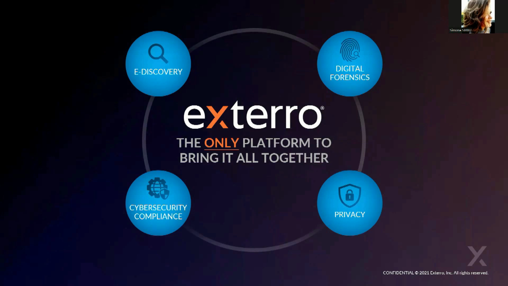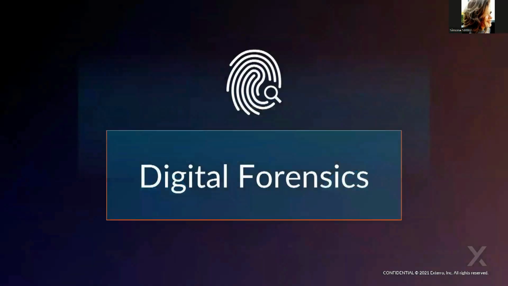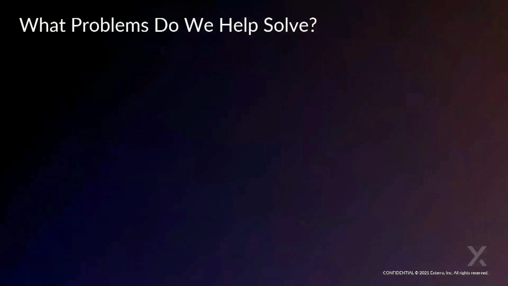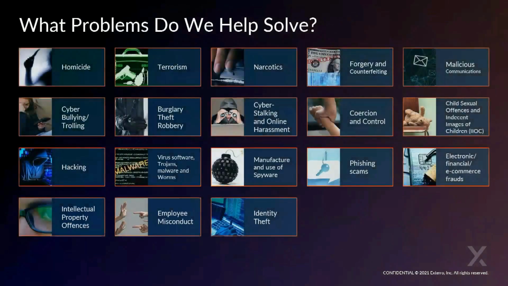After this acquisition, Exterro has become the only company that has brought these 4 areas together: e-discovery products, cybersecurity compliance, privacy, and recently digital forensics. As I mentioned, today we will discuss digital forensics, and we are solving different problems in this area.